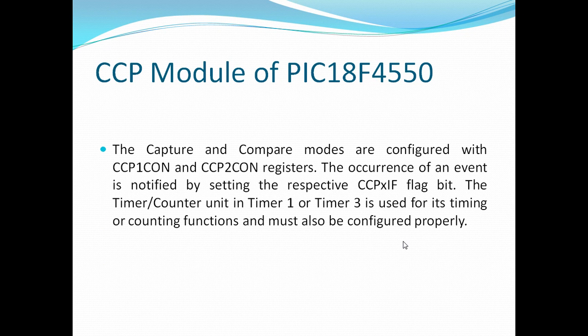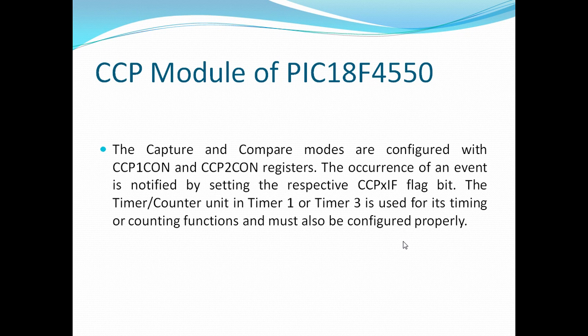These CCP modules can be configured in capture and compare mode by using the CCP1CON register and CCP2CON register. These are the control special function registers available in PIC18F4550 to select the mode of operation, capture or compare. To work with these modes, PIC18F4550 has one particular flag bit, the CCP1 interrupt flag bit.